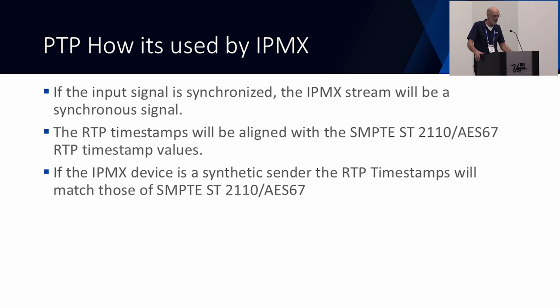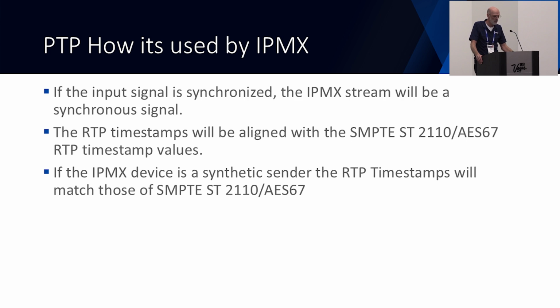My RTP timestamp will be perfectly aligned with the 2110 or AS67 RTP timestamp, and they won't drift. Because I took my sync and measured the PTP clock time there, I generate the RTP, I did exactly what a 2110 device would do. The number is the same. And then I increment by the same number, and because my input was locked, my output is locked.